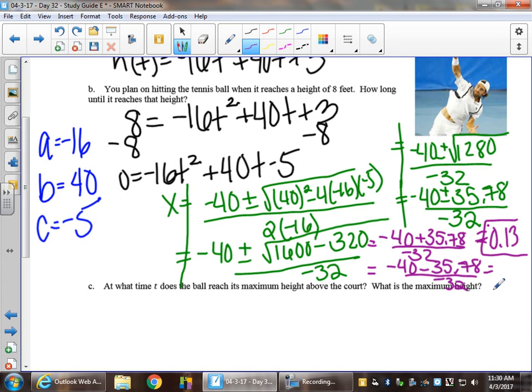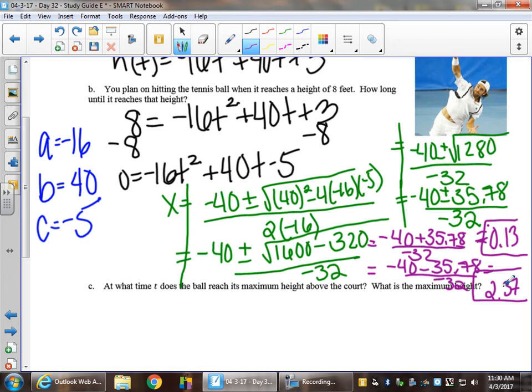What did you get for the other one? We'll round to 3.7. Okay, so which one's the answer? They're both positive. If they're both positive, which one's the answer?